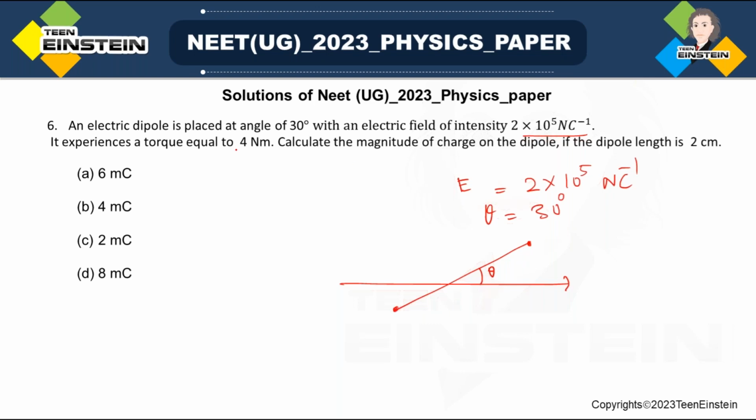And see here, what is the question? Question: it experiences a torque of 4 Newton meter. So this is the dipole. Suppose this is minus q, this is plus q, and this is the electric field.